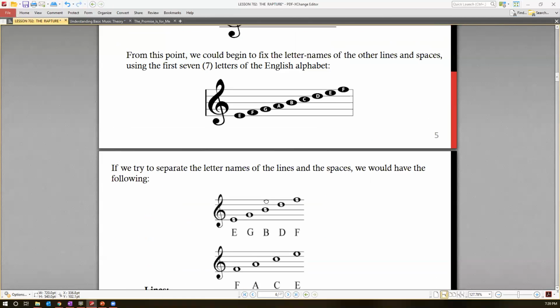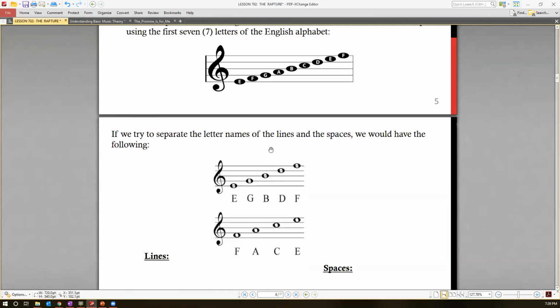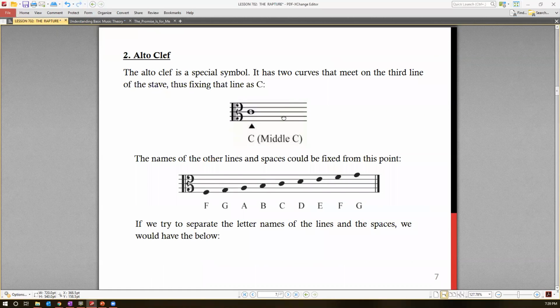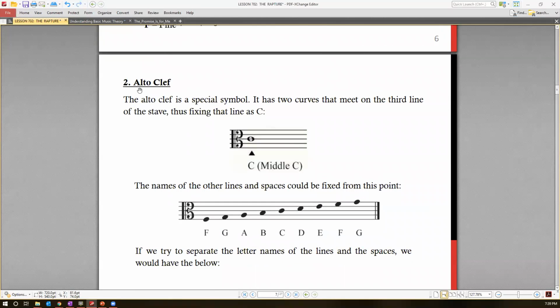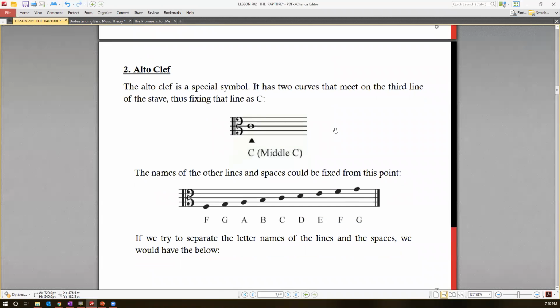All right, so we will go to the alto clef. We have an alto clef, not mostly common, but it's just something for us to know. We'll just brush through this one. The alto clef is a special symbol.